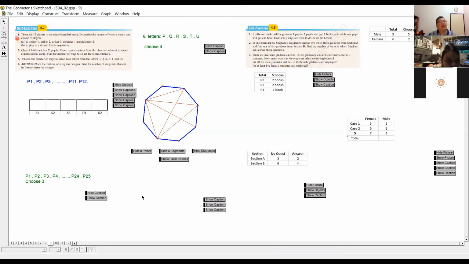Okay, right. So actually they want to choose five people out of 12. Now, 12 choose five is actually very easy. But the problem now is that the five people are holding different positions in the team.